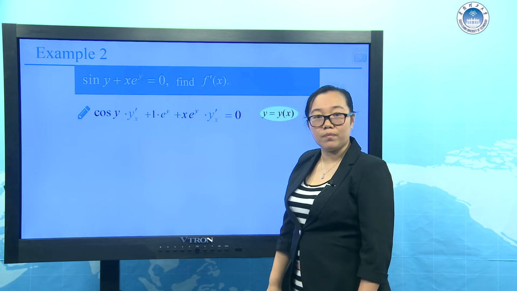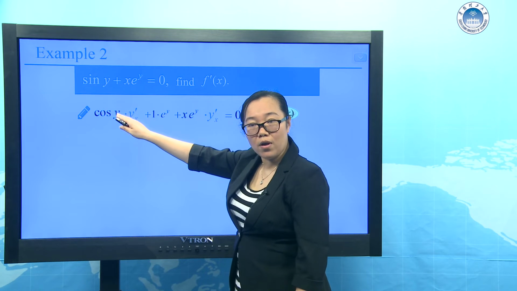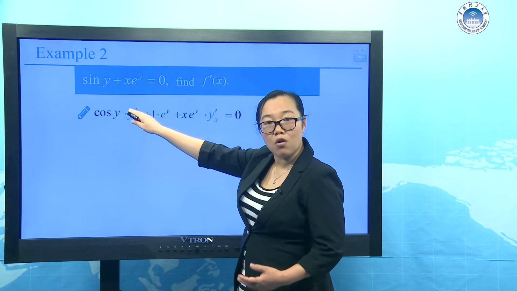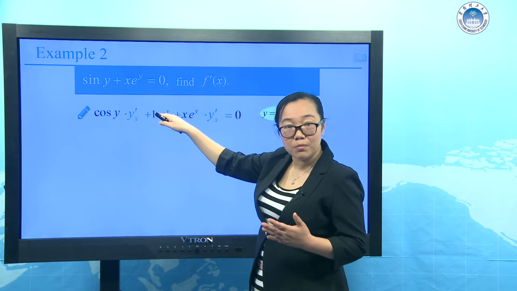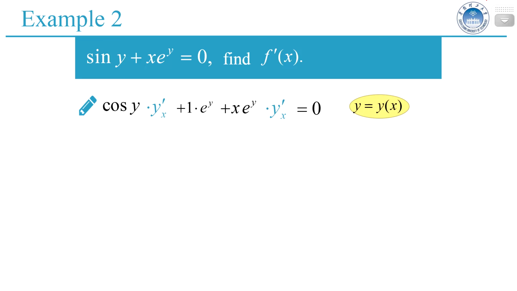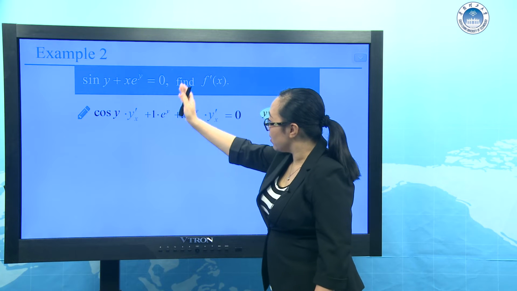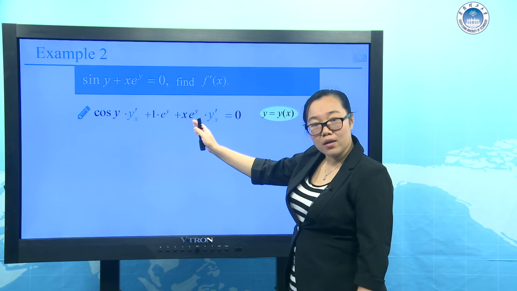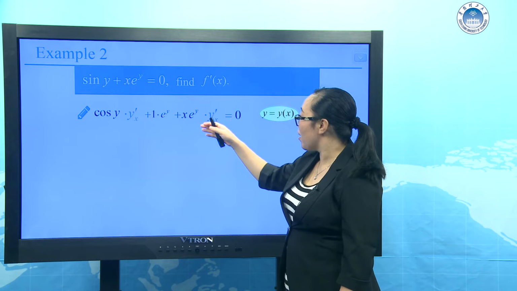So we get the derivative of sin y equals cos y, and the function of y is a composite function of x, so times y prime. This means the derivative of sin u is cos u times u prime, plus the product rule: x prime equals 1. Copy the other expression e to the y plus x, which doesn't change, plus e to the u times u prime, equals 0.